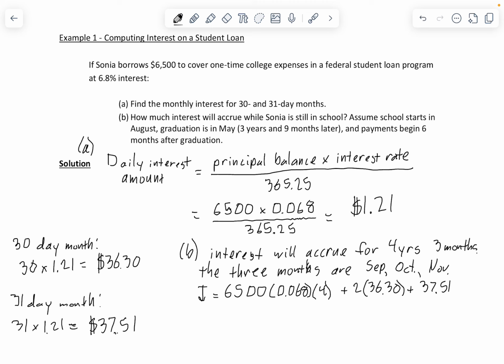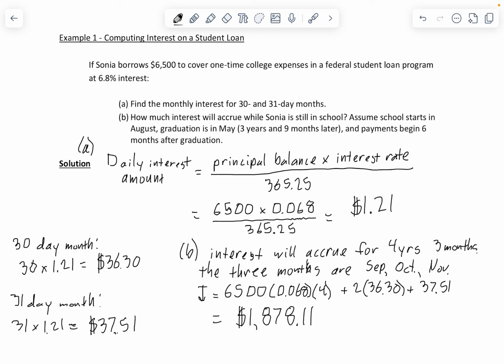You need a calculator for that. You should end up with $1,878.11 in interest in total.